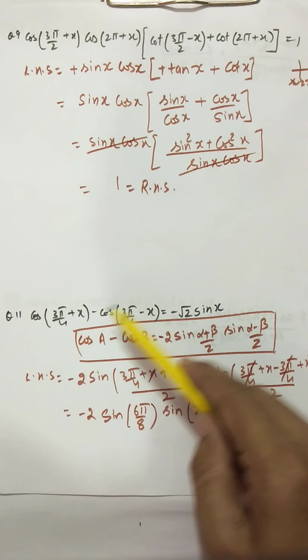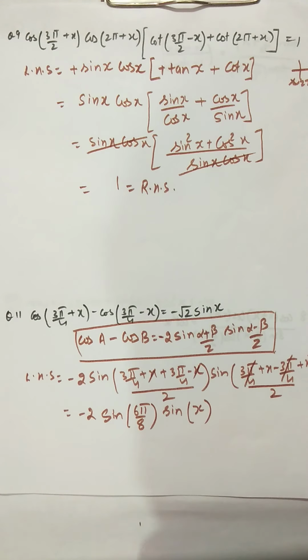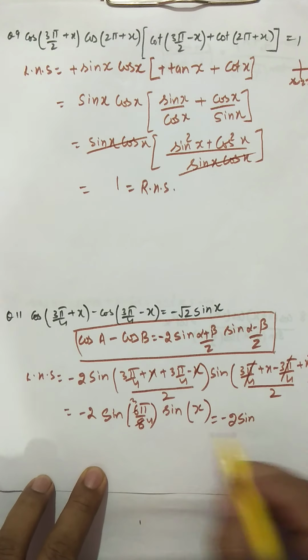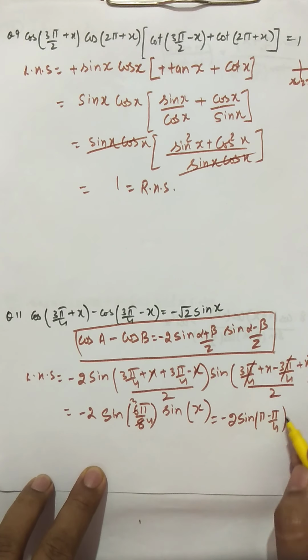So the question was actually this, minus root 2 sine x. So now we simplify this further. You can simplify this. This is 3 and this is 4 and this is sine x. So you can write this as sine 2 and sine 3 pi by 4. 3 pi by 4 can be written as sine of pi minus pi by 4, and this is sine x.